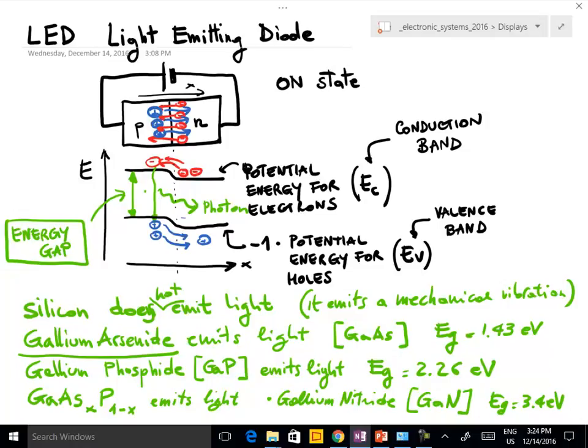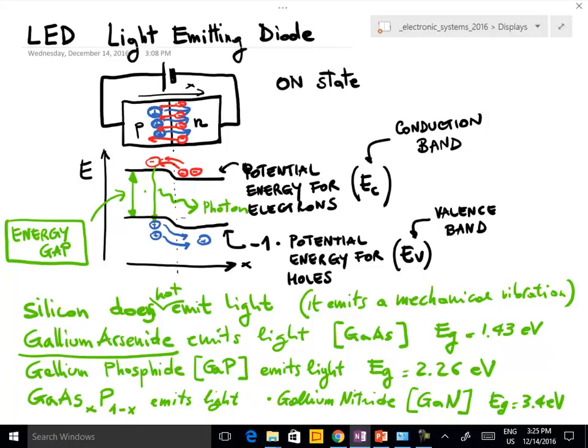The reason is that in all these last 50 years there has been a lot of optimization from the point of view of the type of material, from the point of view of the structure of the diode, because many more materials than the one that I've just shown you are used in a commercial LED now.